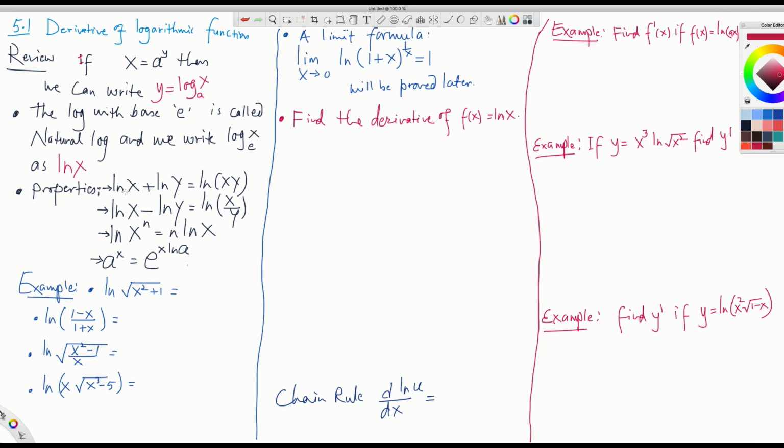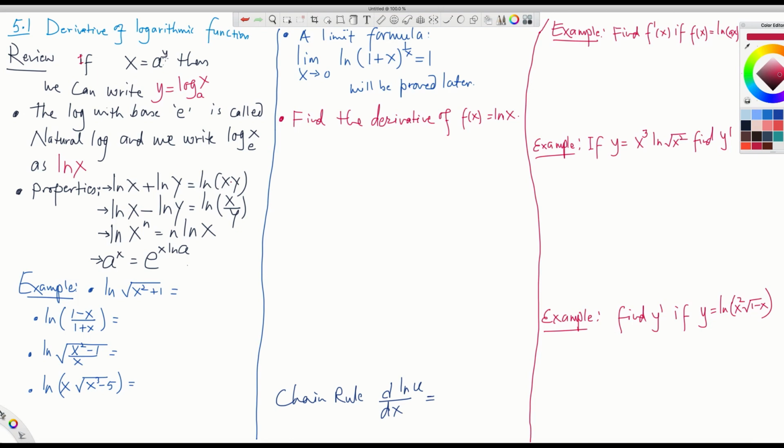So it says natural log of x plus natural log of y equals natural log of x times y. Meaning, what does that say? That says the sum of the logs is equal to the log of the product, okay? If you add two logs, how do I combine those two into a single log? You write ln, a single log, and then x times y.